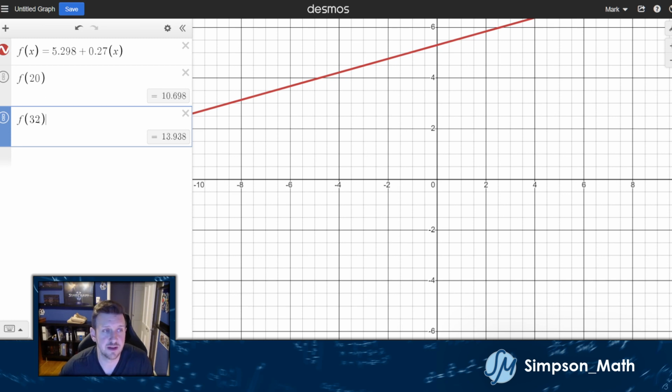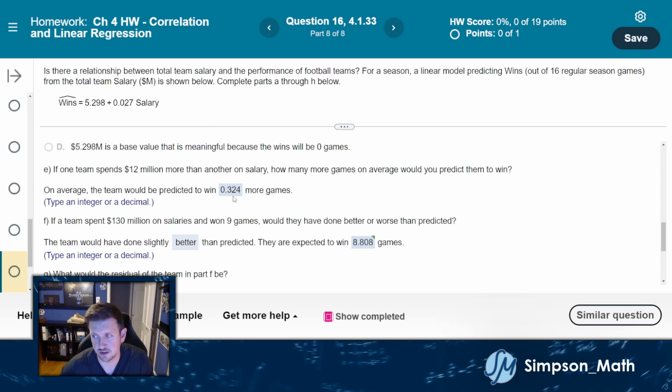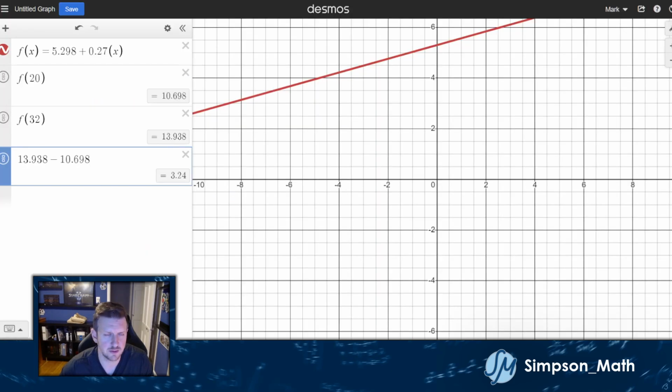So if they spend 32 million, 12 more, they get 13.938. I could just subtract those: 13.938 minus 10.698, and we get 3.24, which is our answer.